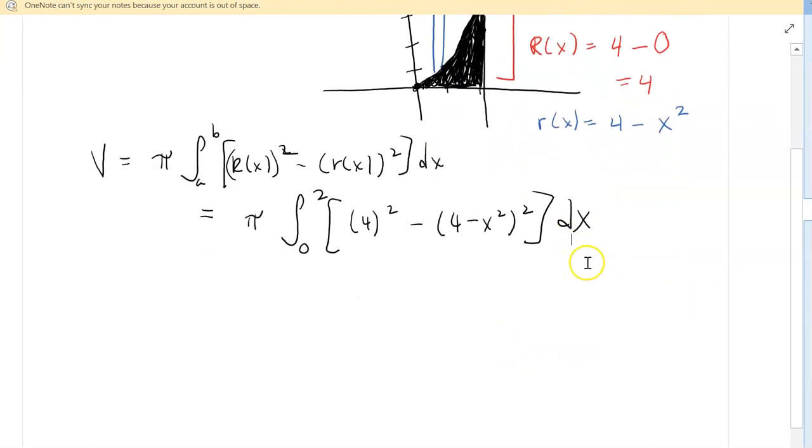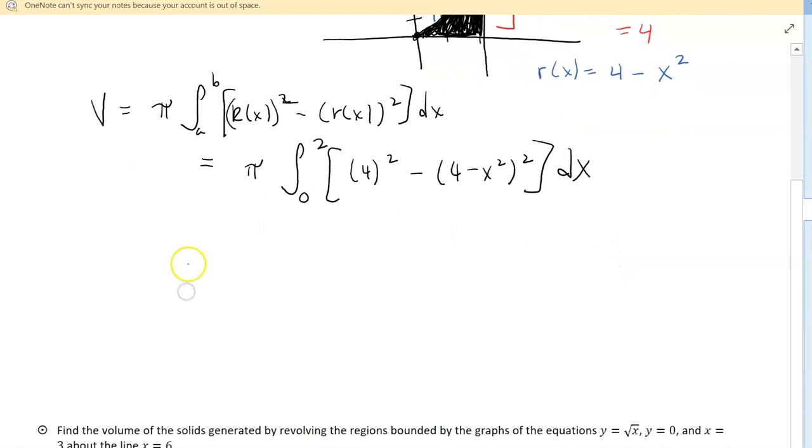So I'm going to do some algebra on this so that I can integrate. That gives me 16 minus, when I FOIL this out, I get 16 minus 8x squared plus x to the 4th.